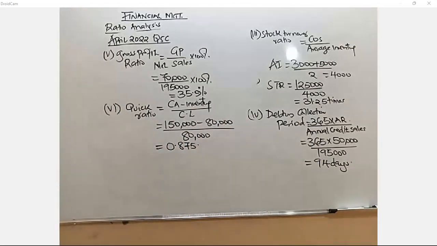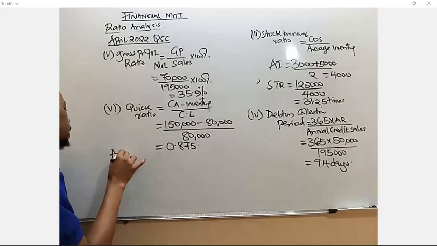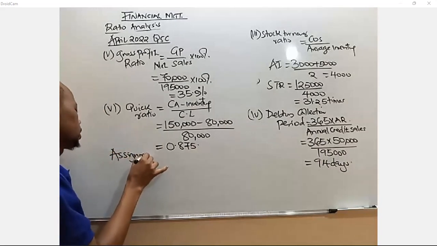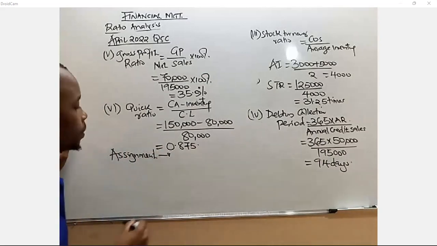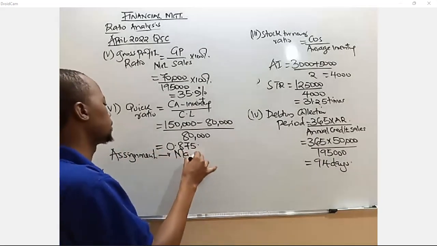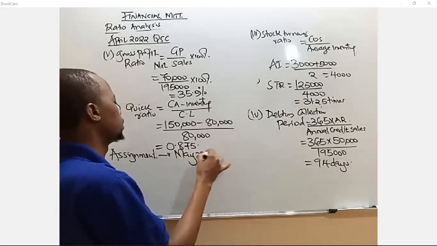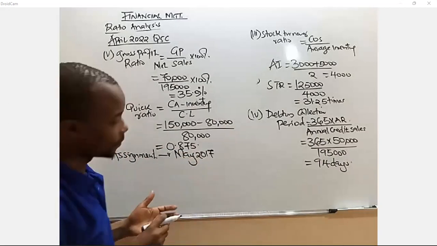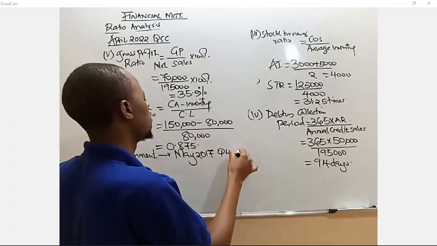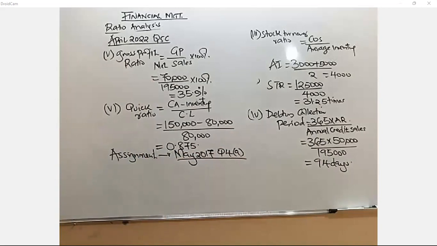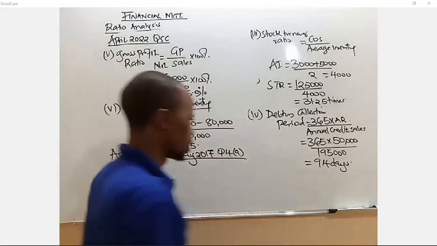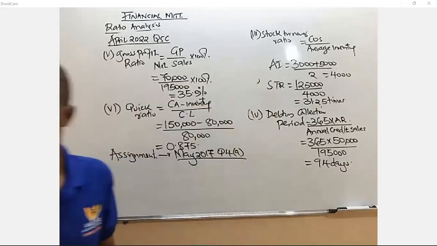0.875. Now, for your continued revision, let us do an assignment here. My assignment should be May 2017, question number 4A.